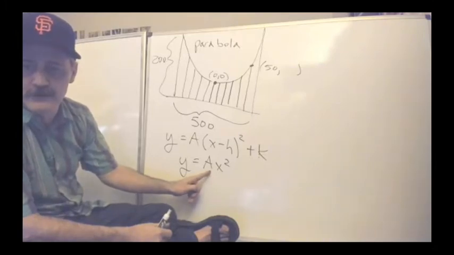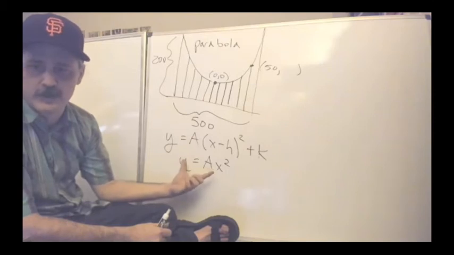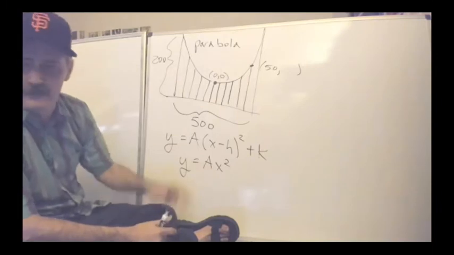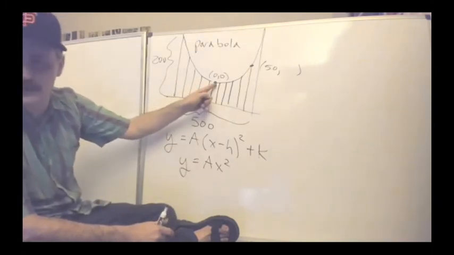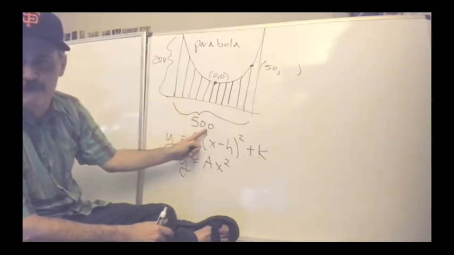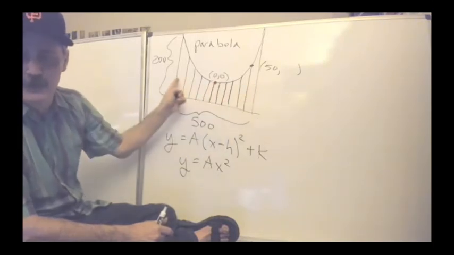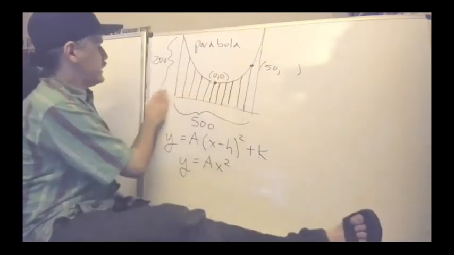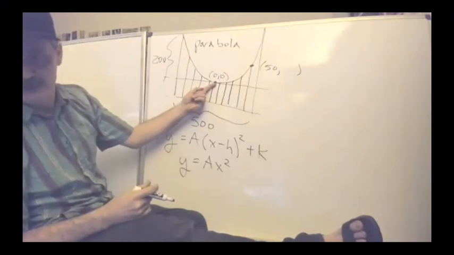Now, if we're going to find out the value of a for this thing, we're going to have to replace the x and y with a known point on the parabola and solve for a. We've already determined that this would be the vertex at the origin for convenience. Well, if that's in the middle, that means half of 500 would go to the right and half of 500 would go to the left. All right, so it's right here, 200 from that point.